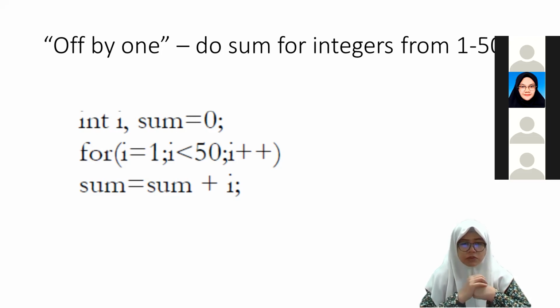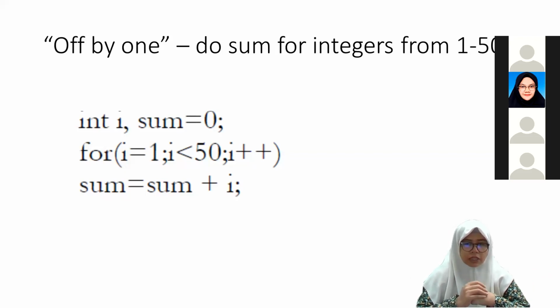So you start from 0, and for example, in this case, with 50 integers, you can stop at 49. Because when you start from 0, you count 0 as 1, and so on. So from 0 until 49, you are going to have 50 integers.